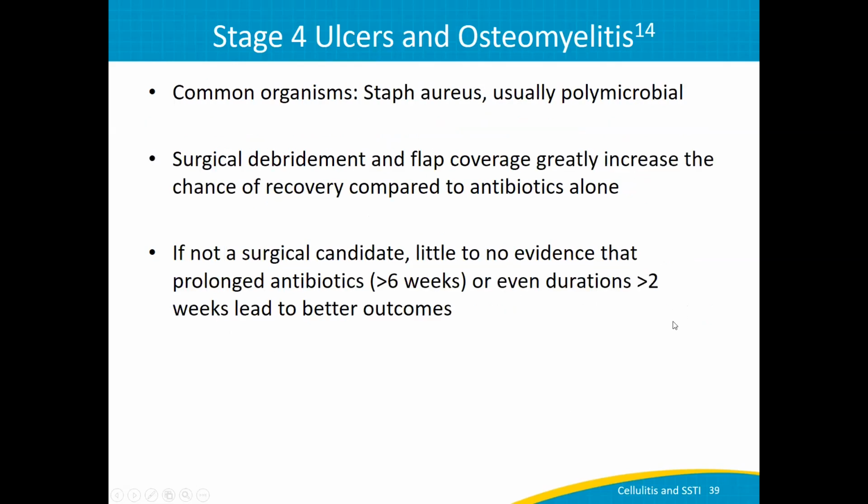So the types of organisms that you're going to worry about with a pressure ulcer-related infection are similar in some ways to cellulitis, in that staph, especially staph, but also strep are very common organisms. But these infections are much more likely to be polymicrobial, including gram-negative organisms.